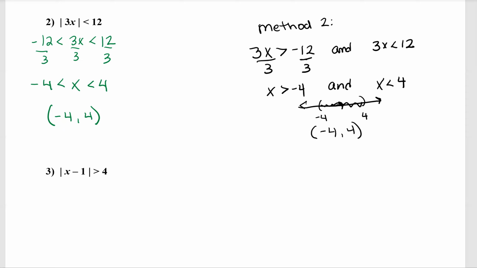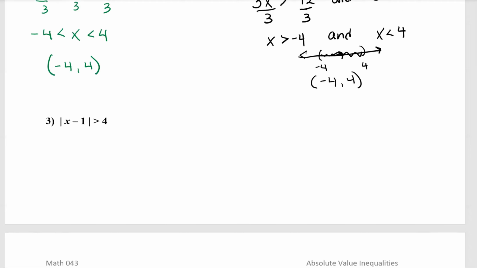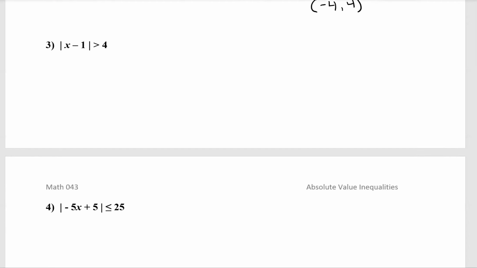I will be working out all absolute values less than k as a 3-part inequality. Number 3, we have an absolute value greater than 4.